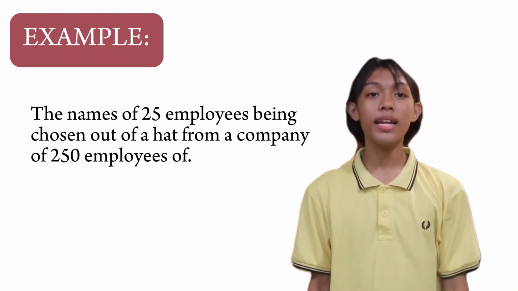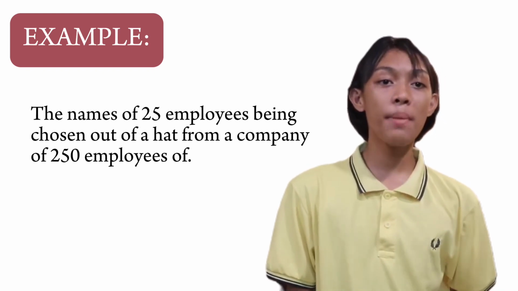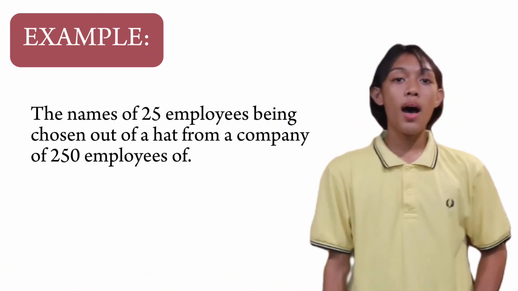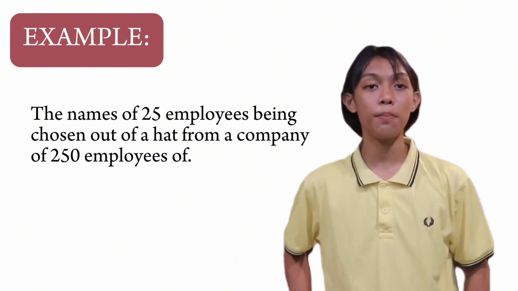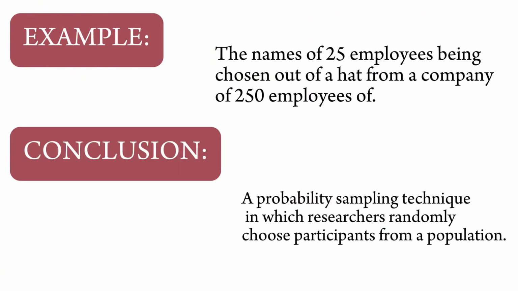Example: the names of 25 employees being chosen out of a hat from a company of 250 employees. That means it is a probability sampling technique in which researchers randomly choose participants from a population.